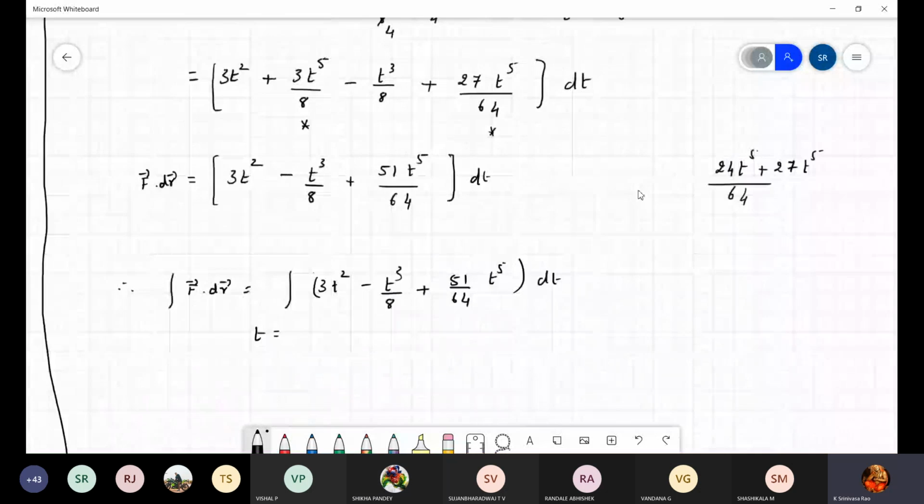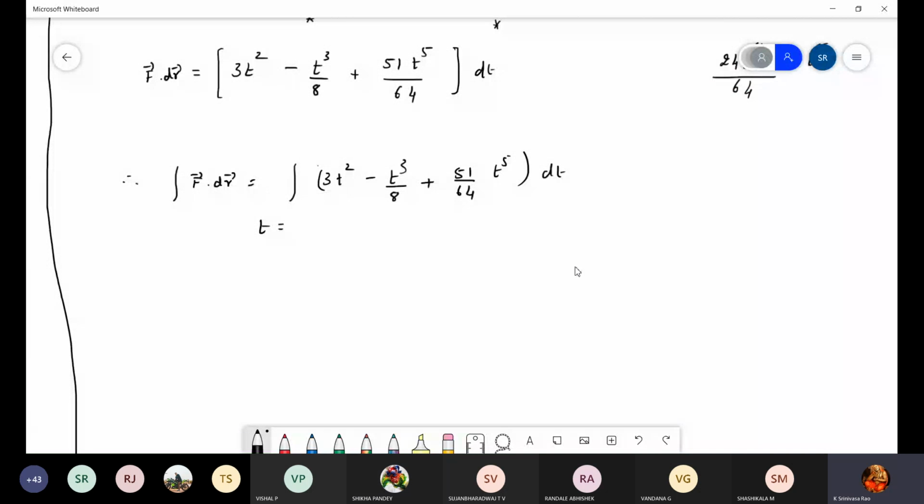Now integrate and substitute the limit: 3 into t cube by 3 for the first term, minus 1 by 8 into t power 4 by 4, plus 51 by 64 into t power 6 by 6. Only the upper limit is needed because the lower limit is 0.